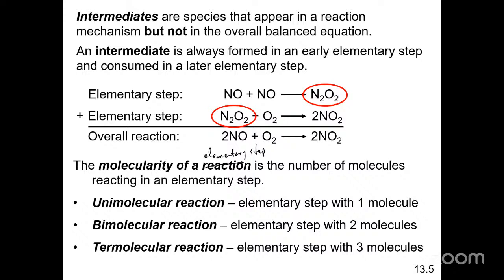If you think about it, use your imagination, molecules bumping into each other and reacting, it is highly unlikely that three molecules are going to meet each other at the same time and then produce some products. So the termolecular idea is largely theoretical, but very unlikely.